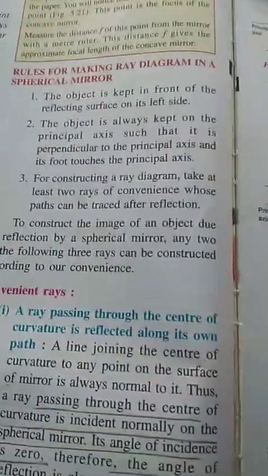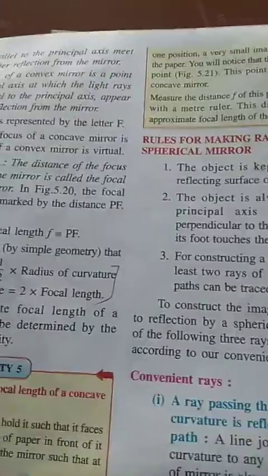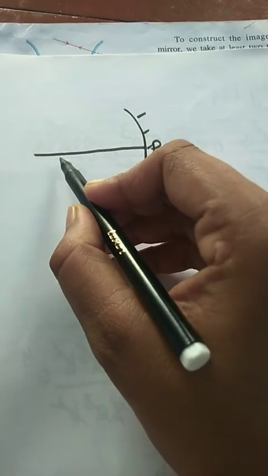Next, a very important thing is the rules of making a ray diagram in a spherical mirror. Now there are certain rules. We will study the first rule. Students, as you can see, this is a concave mirror and this is your principal axis line, this is the pole, this is the center of curvature.